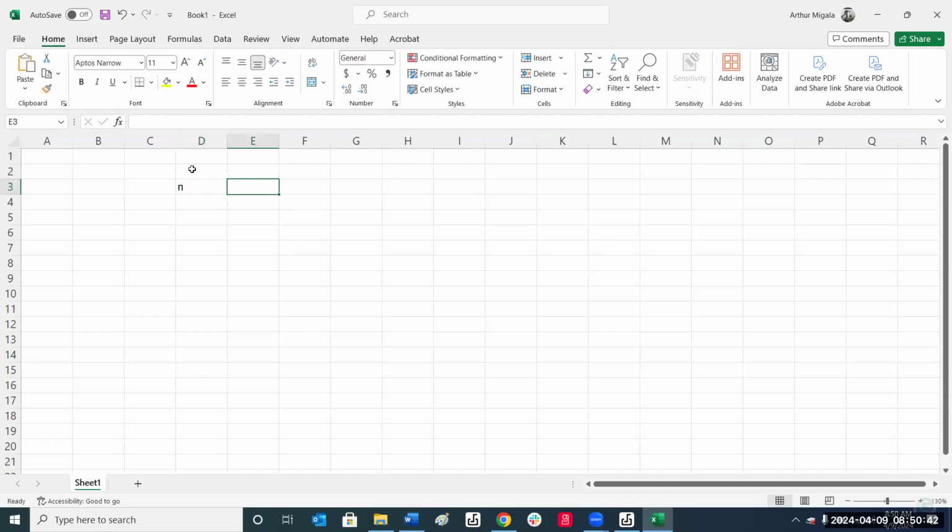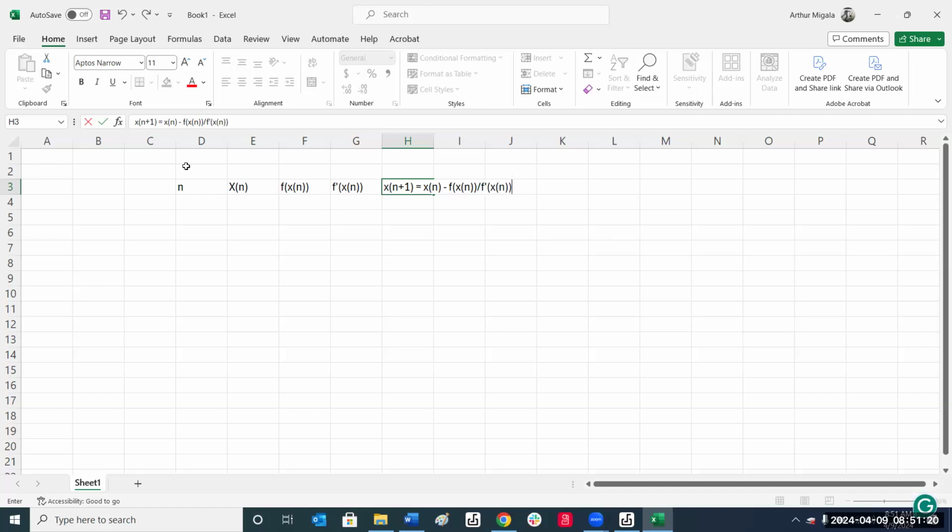This is my n. This is my x sub n. This is my f of x sub n. This is my f prime of x sub n. And this is x sub n plus 1, which is equal to x sub n minus f of x sub n divided by f prime of x sub n.